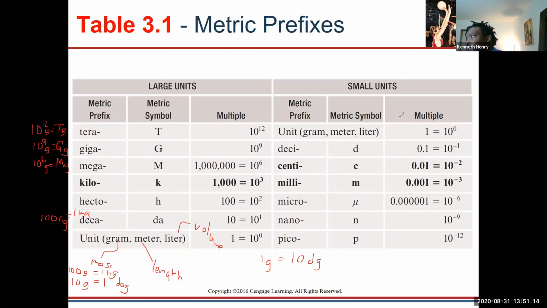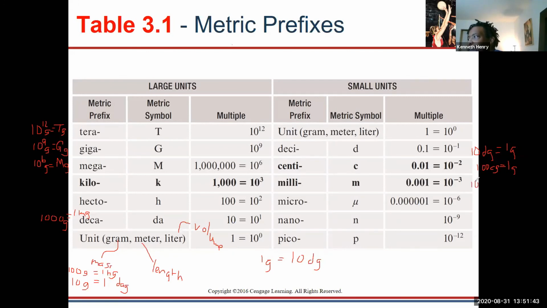On the other side, as I was saying, 10 decigrams equal 1 gram. 100 centigrams equal 1 gram.